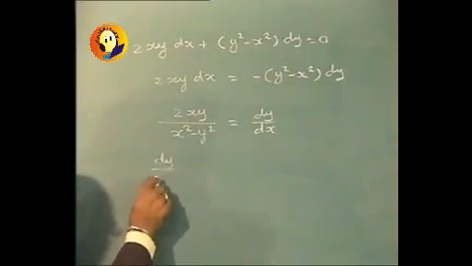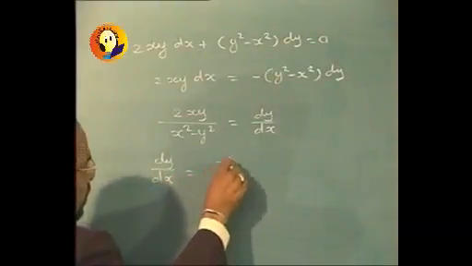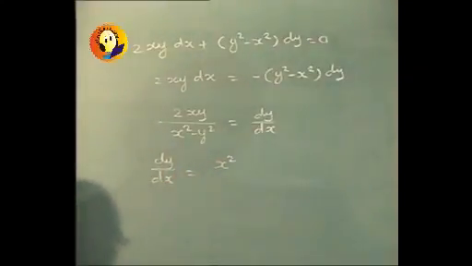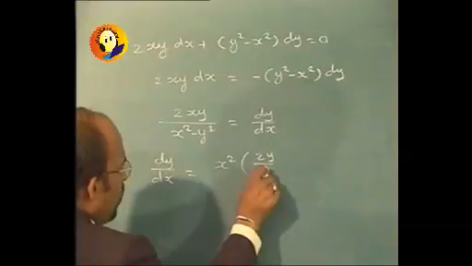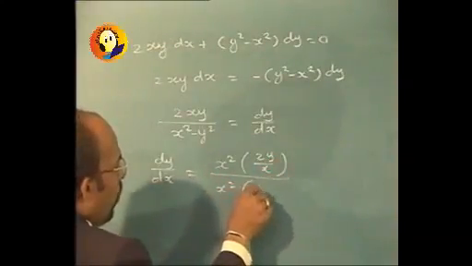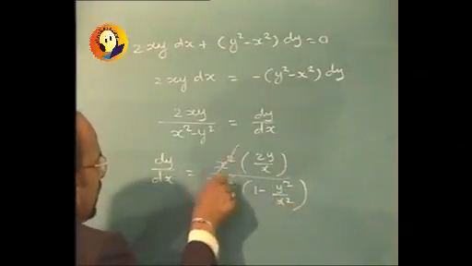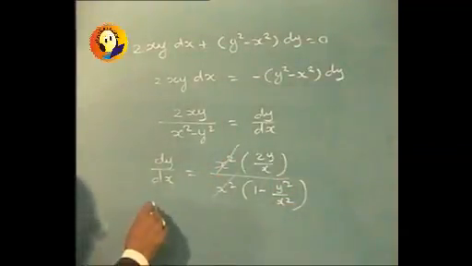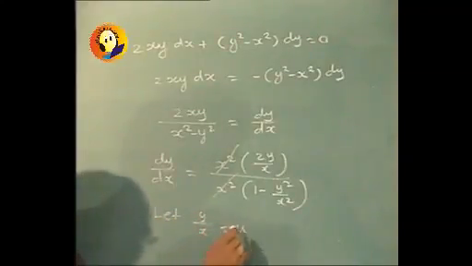We will have to take x square common from numerator and denominator because it is second degree homogeneous. So it is x square into bracket 2y upon x divided by x square into bracket 1 minus y square upon x square. X square gets cancelled. Let y upon x is equal to u.